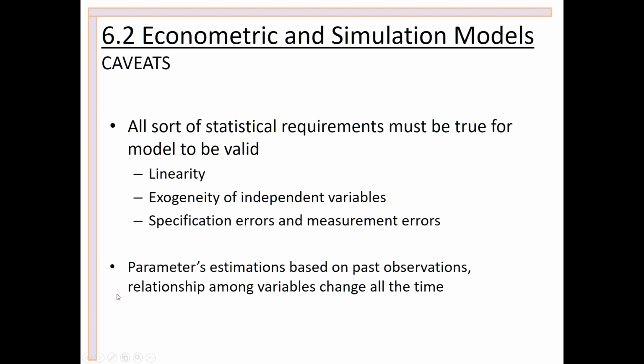Now, finally, parameters are estimations based on past observations. Relationships among variables change all the time. In summary, I cannot explain all that there is to know about econometrics. That will take more than one semester. Here's a to-do list for you to run a regression and understand when the variable is significant or not.